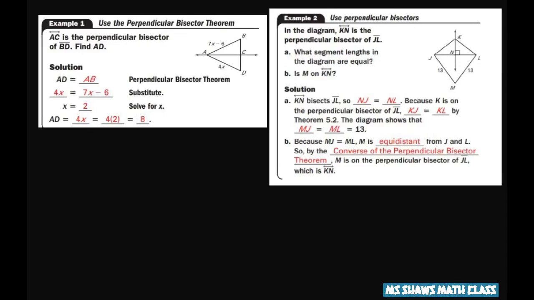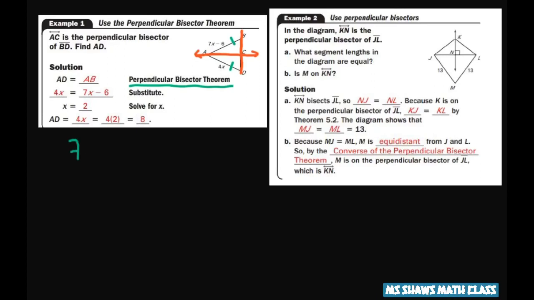AC is the perpendicular bisector of BD. Find AD. So first of all, we have to find X. So we know that these two sides are equal according to our theorem, perpendicular bisector theorem.